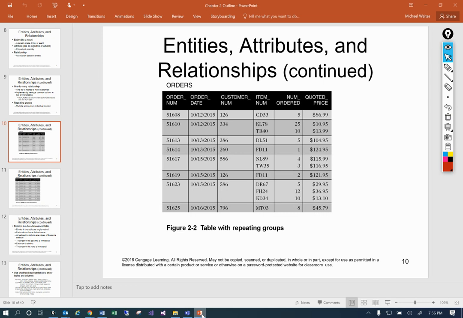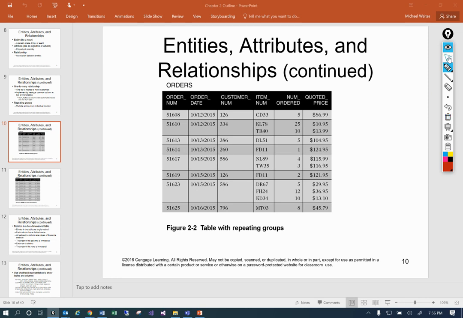So the reason why I'm pointing these things out, and we're going to get into more detail a little bit later, is this particular version of the table is not normalized.